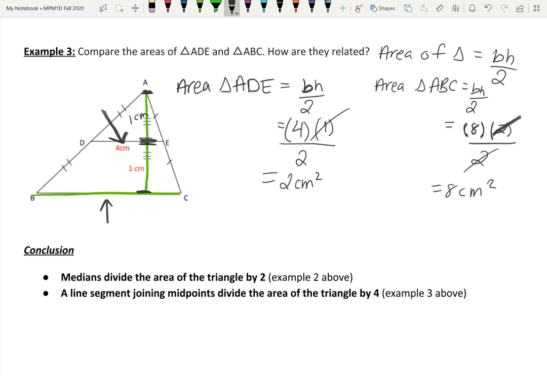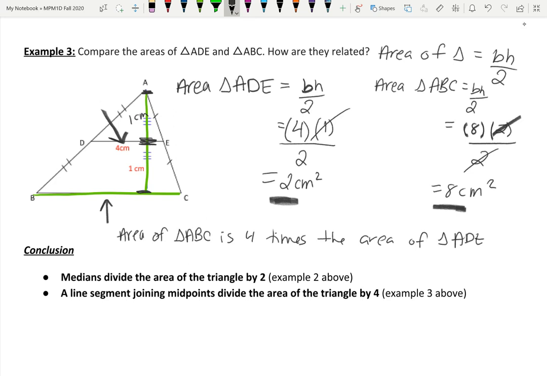So comparing the two areas, the total triangle ABC is 4 times the upper triangle ADE. So we can say area of triangle ABC is 4 times the area of triangle ADE.